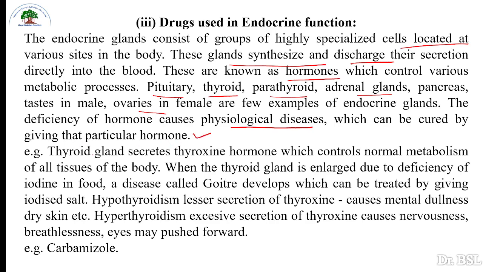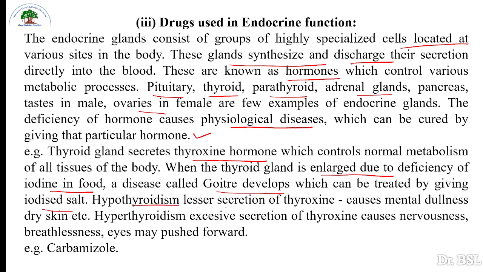For example, the thyroid gland secretes thyroxine hormone, which controls normal metabolism of tissues of the body. When the thyroid gland is enlarged due to the deficiency of iodine in food, a disease called goiter develops, which can be treated by giving iodized salt.